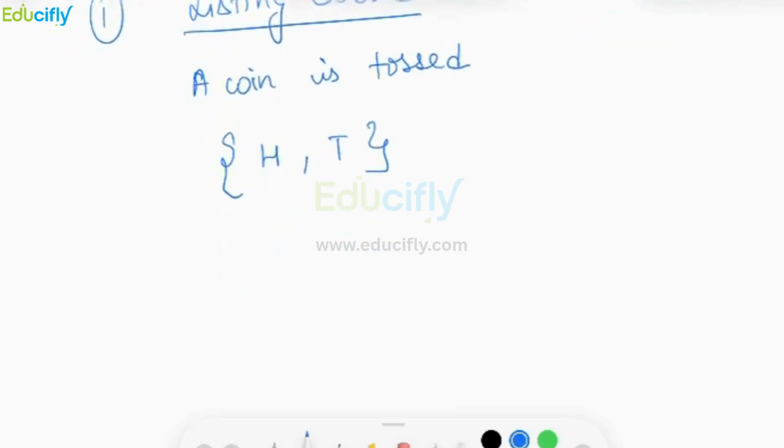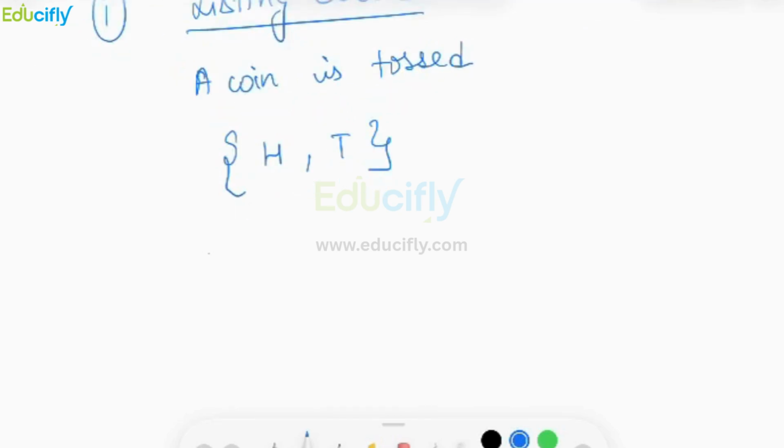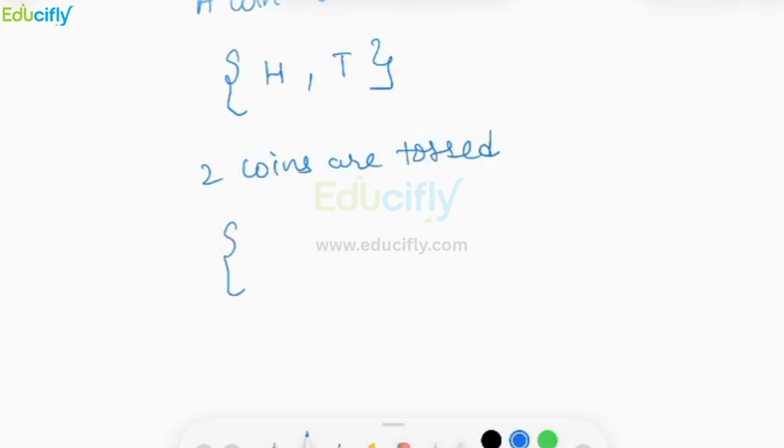Suppose the same question goes with two coins, two coins are tossed. So the sample space will be head head, head tail, tail head, and tail tail. So we got four outcomes, right?